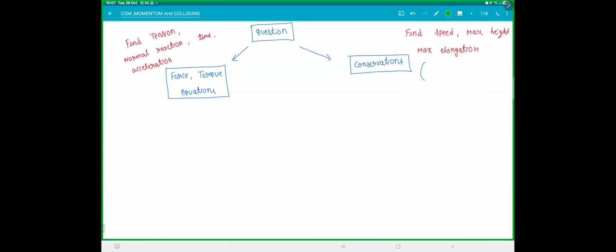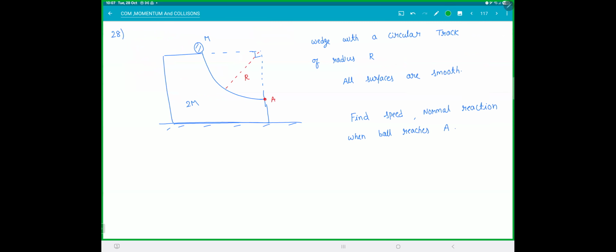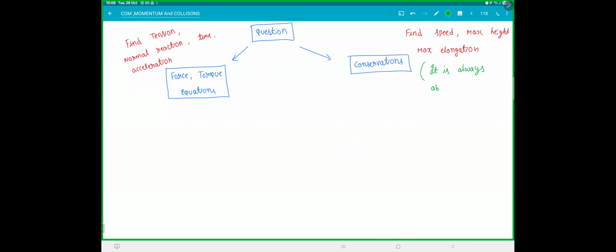You're always interested in the final position. The whole question gives you a feeling that this is always about the final. Look at the previous question: find the speed and the normal reaction when it reaches A. I don't care what is happening in the middle. Find the speed there, find the velocity there, find the max height, find the maximum elongation. It is always about the final position.